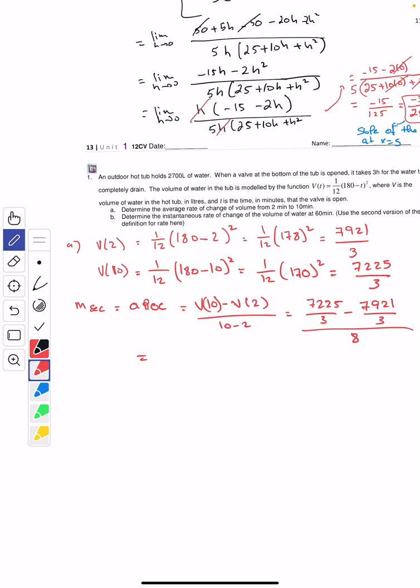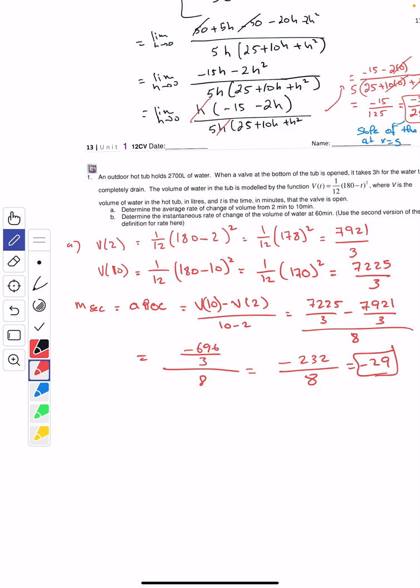So let's just show you here. 7,225 minus 7,921 gives you negative 696 over 3, divided by 8. So the 696 can be divided by 3. That is going to be negative 232 over 8, and that can simplify to negative 29. And that is the average rate of change.